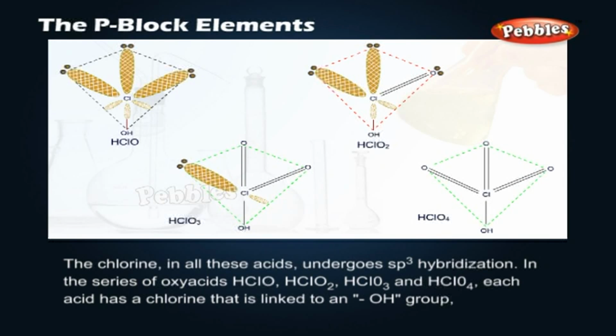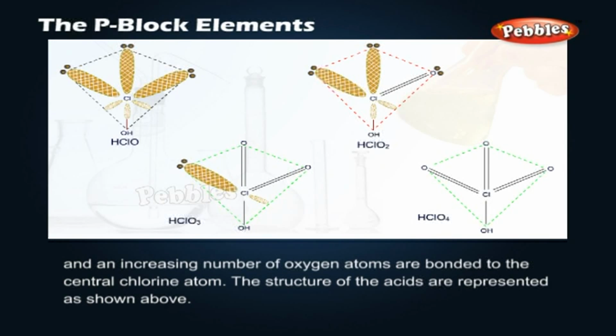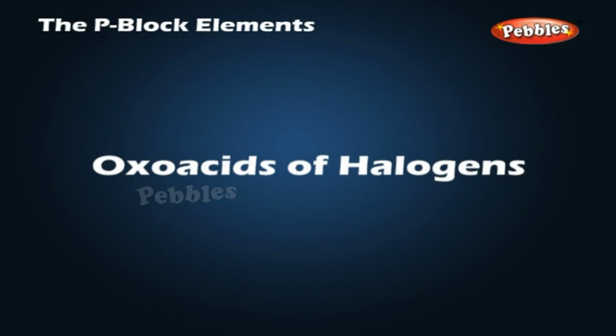In the series of oxyacids, HClO, HClO2, HClO3, and HClO4, each acid has a chlorine that is linked to an OH group, and an increasing number of oxygen atoms are bonded to the central chlorine atom. The structures of the acids are represented as shown above.